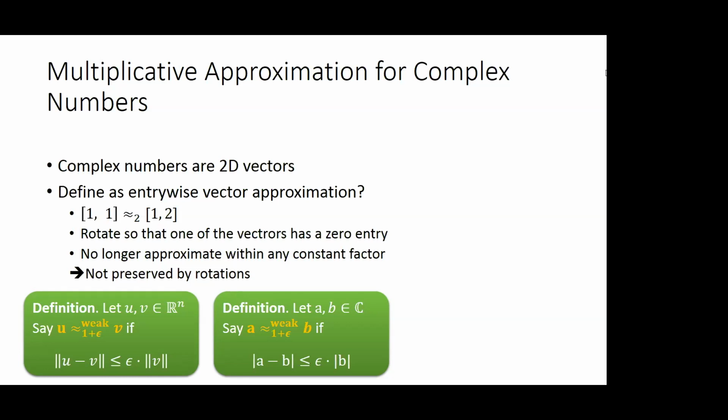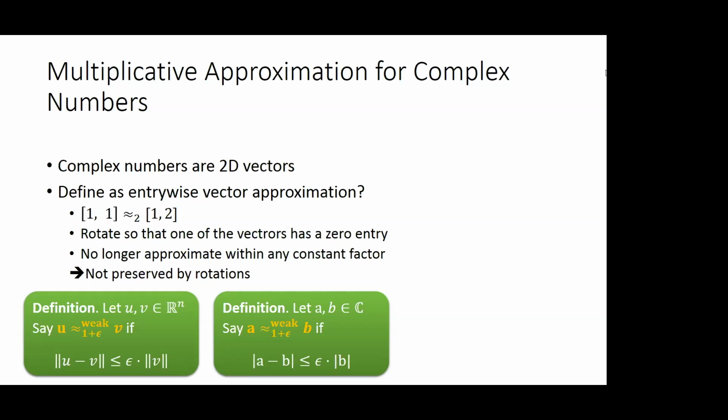All right, so this is a reasonable definition of approximation for complex numbers. In particular, it already has several properties that we liked about our definition of multiplicative approximation for non-negative numbers. For example, if we invert A and B, in other words take their reciprocals, you can argue that they'll still approximate each other. Also, if we multiply both A and B by some complex number, and they approximated each other multiplicatively before, they'll multiplicatively approximate each other after the multiplication.